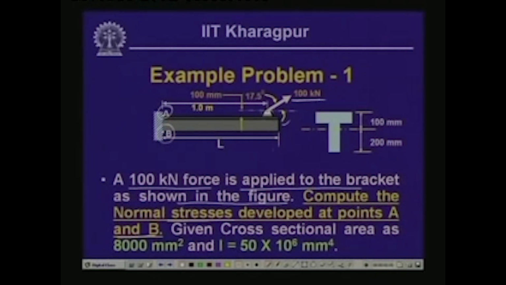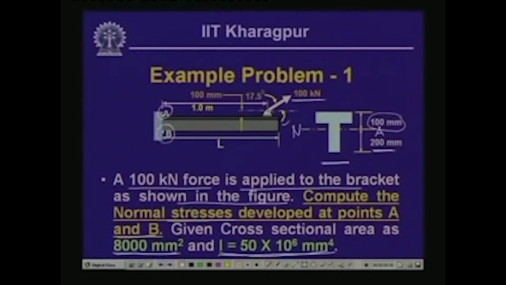Given that the cross section of the member is a T and the cross sectional area is 8000 millimeter square, and the moment of inertia is 50 into 10 to the power 6 millimeter to the power 4. Here the position of the neutral axis for the section is given: the neutral axis is at a distance of 100 millimeter from the top surface, and from the bottom surface it is 200 millimeter.